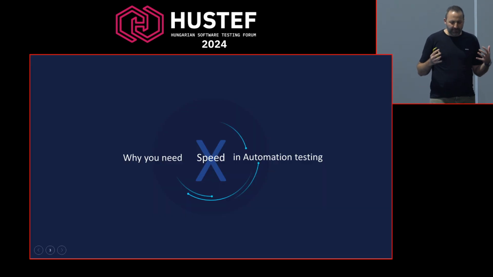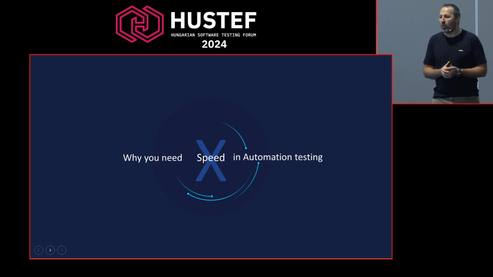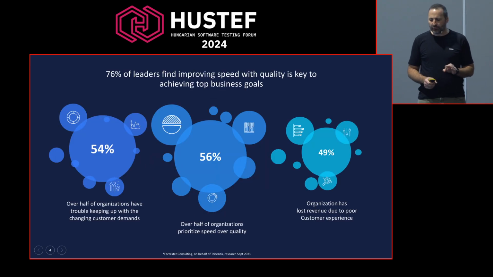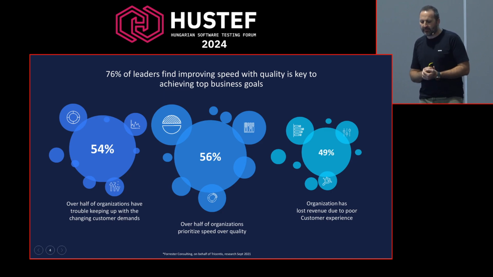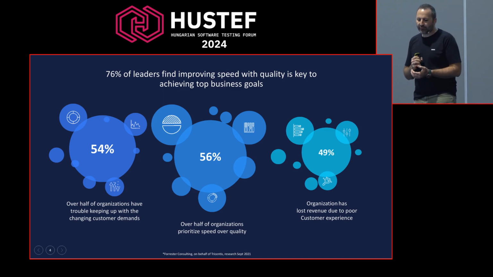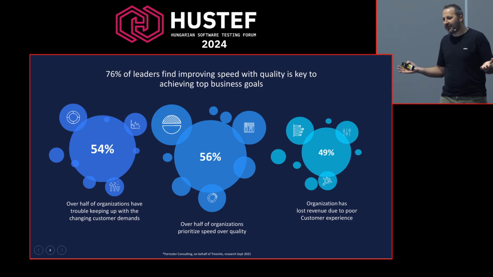So before talking about the problems, let's talk about why we actually need speed in test automation. In one of the recent studies, the result was that over 50% of organizations have trouble keeping up with customer changes. This is very common.